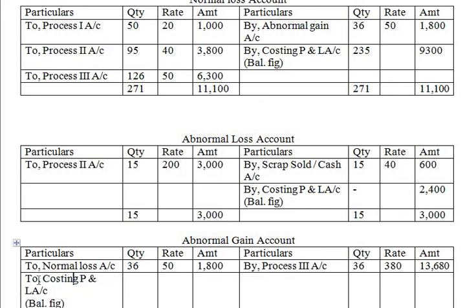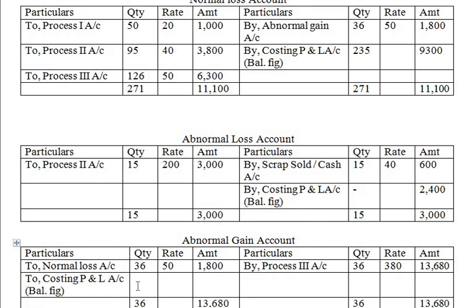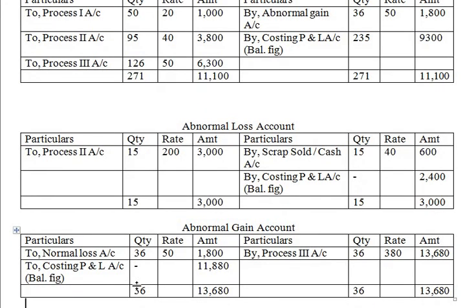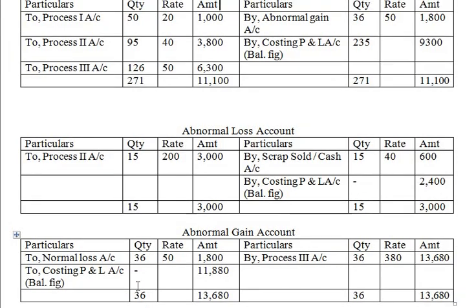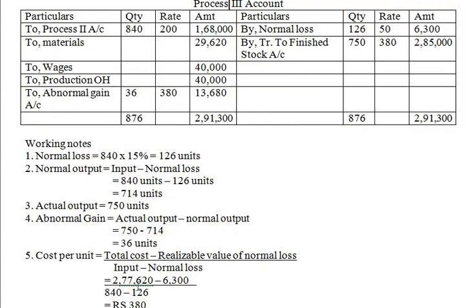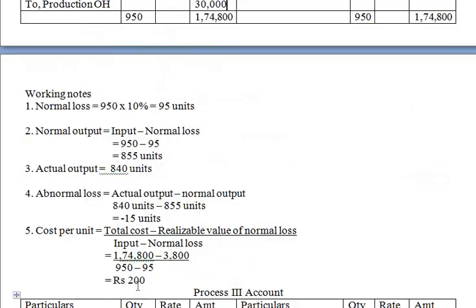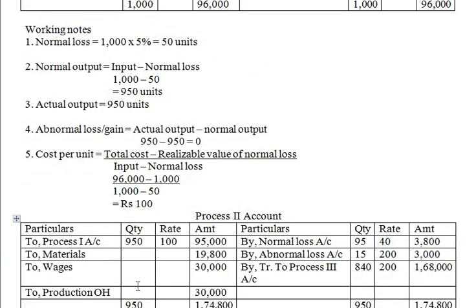Just to find out how much balance is available, close this. There will be no units available, but the amount is 11,880. So this is how we prepare abnormal loss, abnormal gain and normal loss account. Hope this problem is clear to everyone. Please go through the problem once again and solve it. See you in the next class.